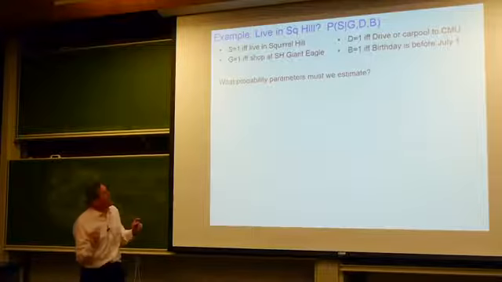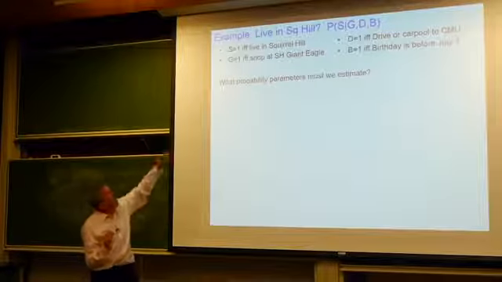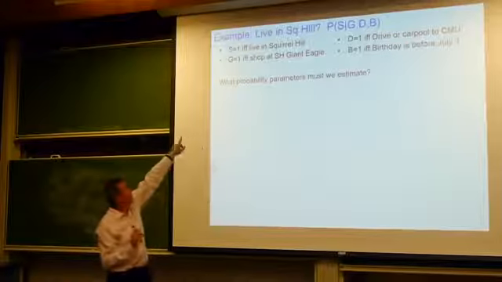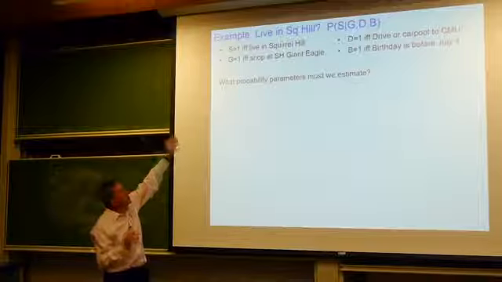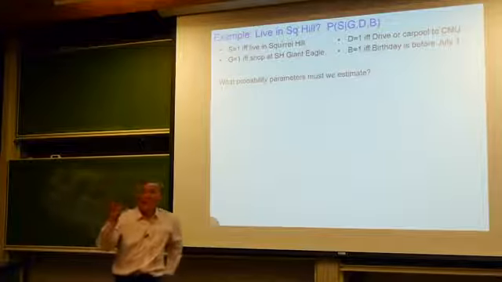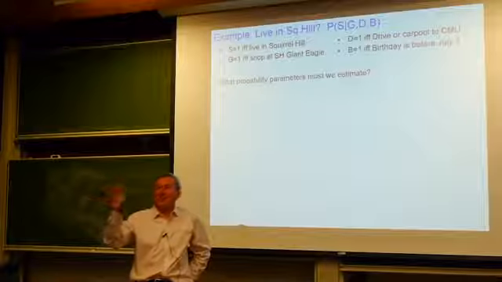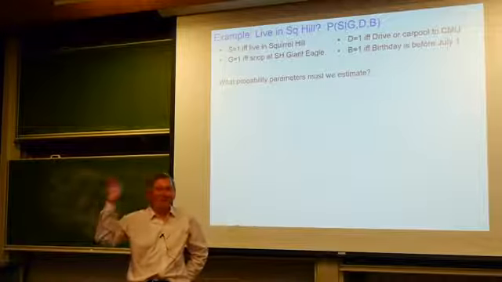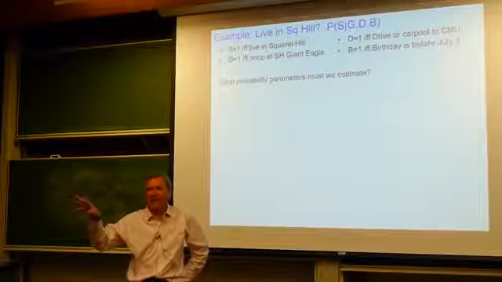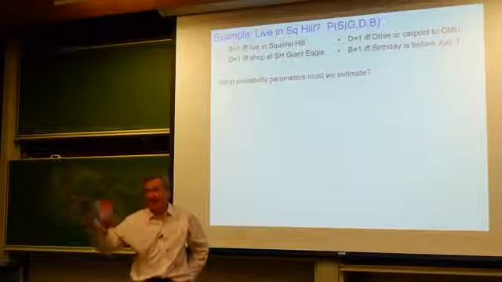Okay, and the classifier we will train is one that's going to predict whether you live in Squirrel Hill, given the variables g, d, and b. G is 1 if you have shopped at any time since September in the Giant Eagle that's in Squirrel Hill. If you don't know what the Giant Eagle in Squirrel Hill is, you haven't shopped there.